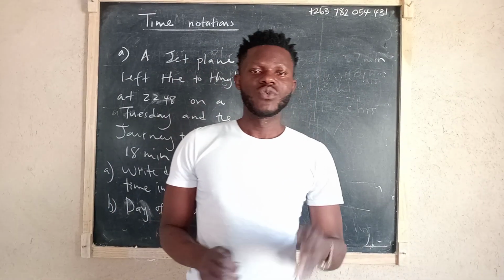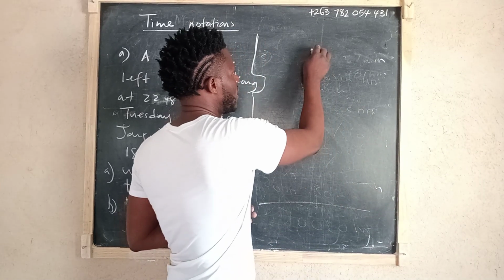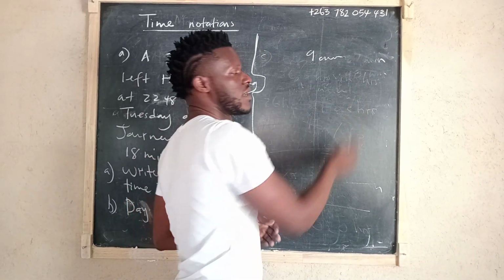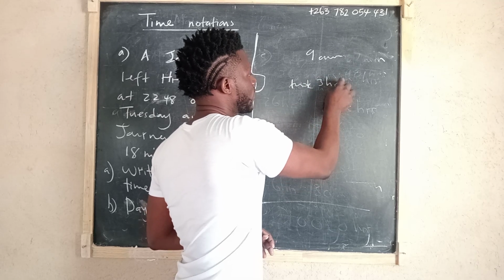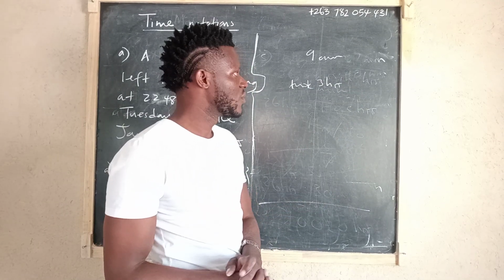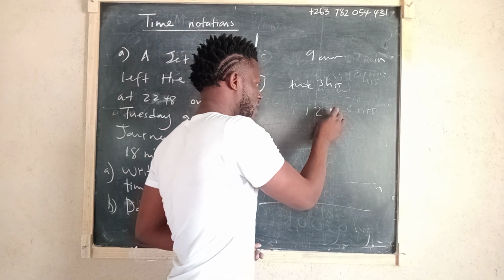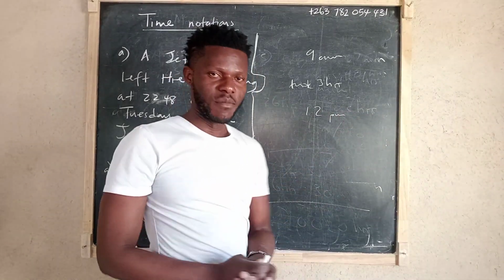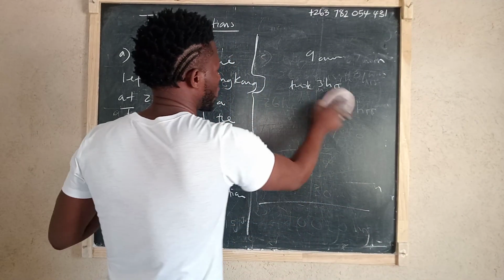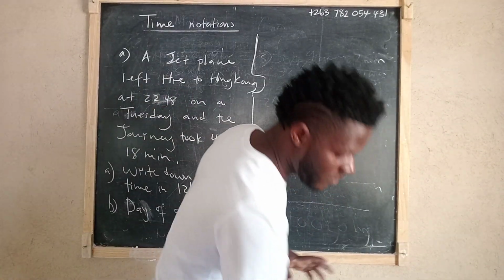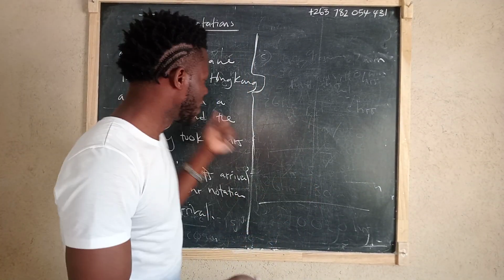For example, you left your home at 9 a.m. and the journey took 3 hours. What will be the arrival time? You add 3 hours to 9, you get 12. So you arrive at 12 p.m. We are going to use the same method here. You create a temporary simple problem just to find the specific method that will apply.